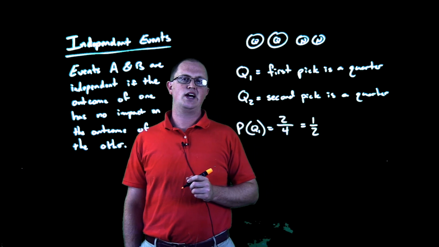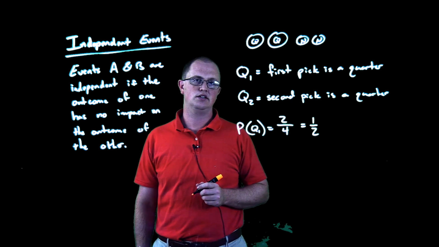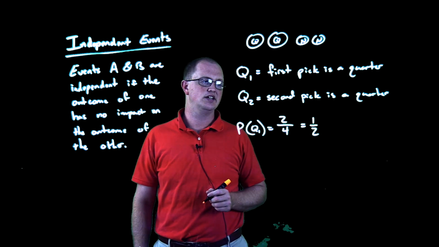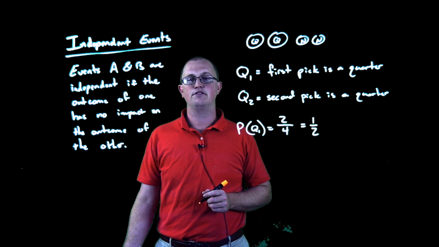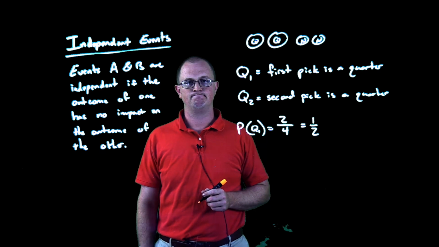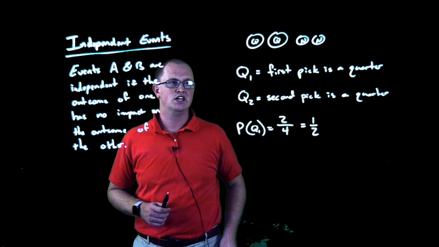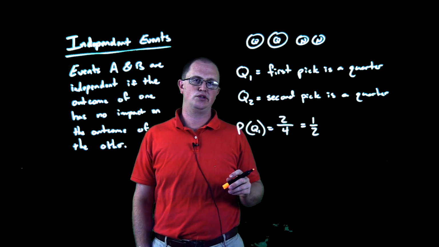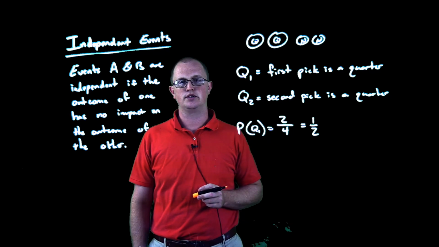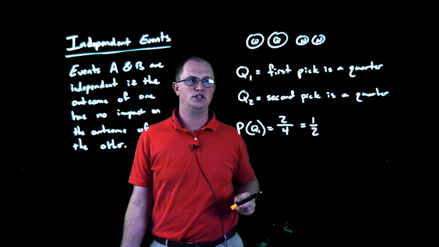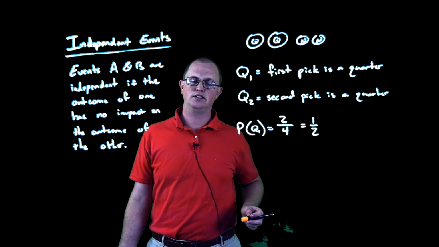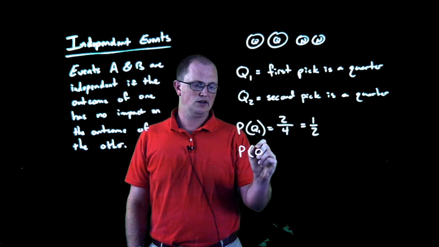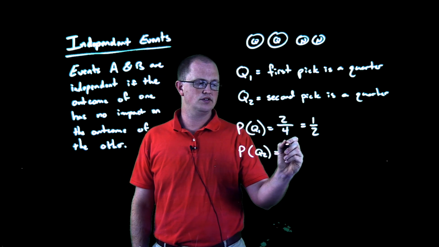And so then we ask, what is the probability of her getting a quarter the second time if she got a quarter the first time? Right? So the first time she picks a quarter and we ask, what is the probability that the second pick she gets a quarter? Well, because she put the original coin back in her pocket, then the probability of her second pick being a quarter is still 2 out of 4.